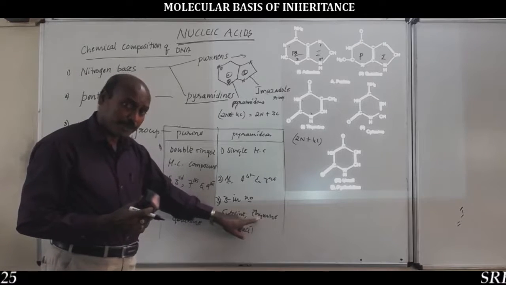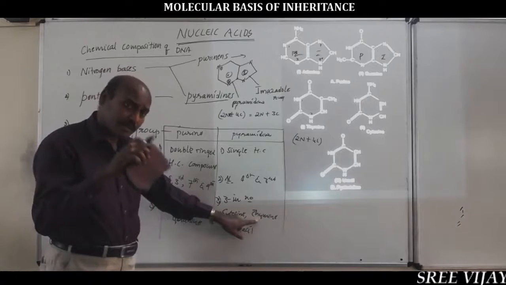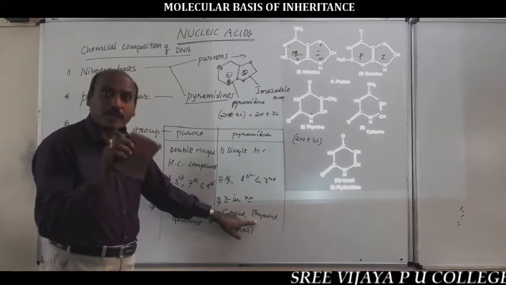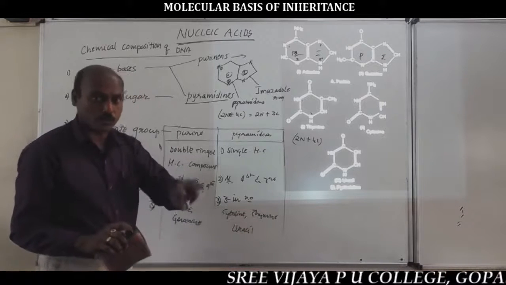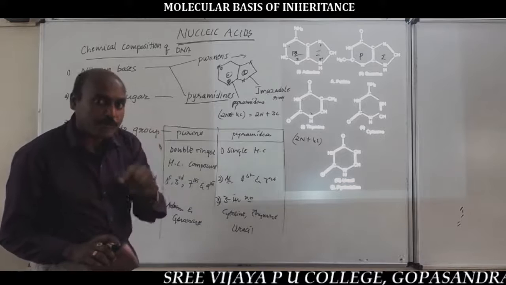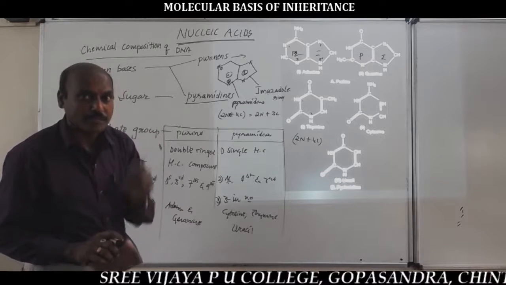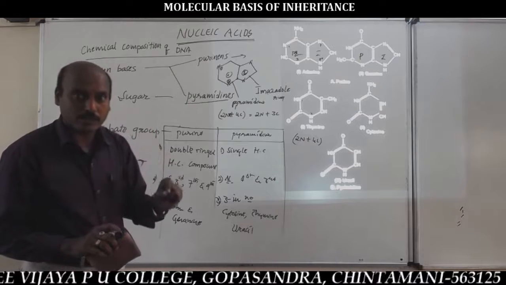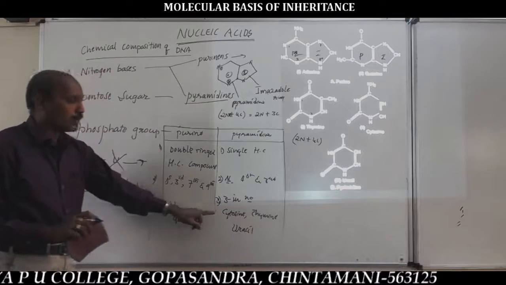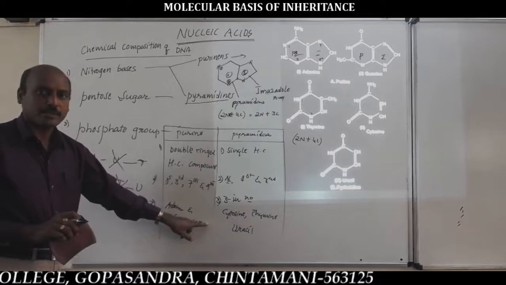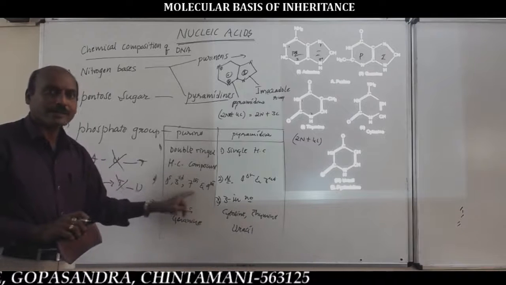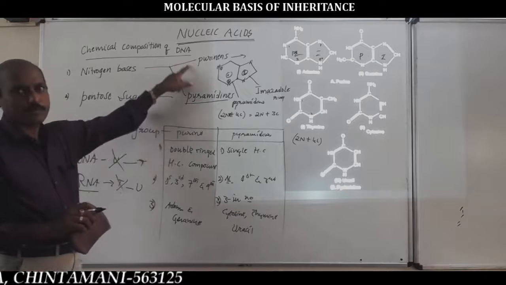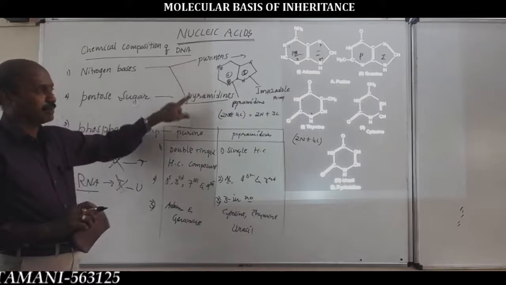So, the number of pyrimidine bases in either of the nucleic acids is 2, due to lack of one of the pyrimidine bases. Since each nucleic acid has 4 nitrogen bases, due to lack of uracil in DNA and thymine in RNA, there are 2 different types of nitrogen bases, purines and pyrimidines.